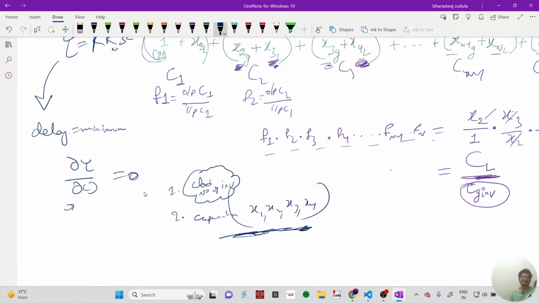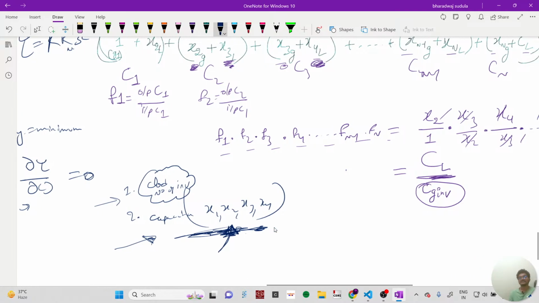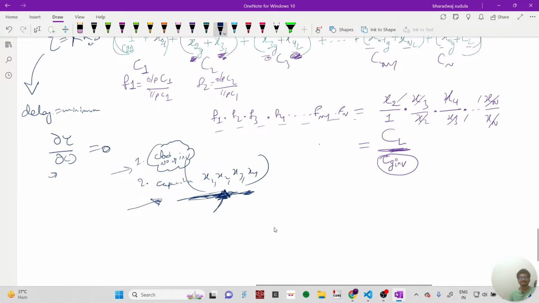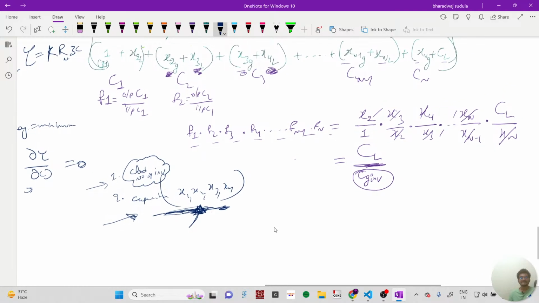So if I consider one of the variables, let's consider capacitances. Take this as a variable and differentiate tau and equate it to 0. You'll get some valuable insights about the capacitors, like sizing of each and every stage. So let's see that.